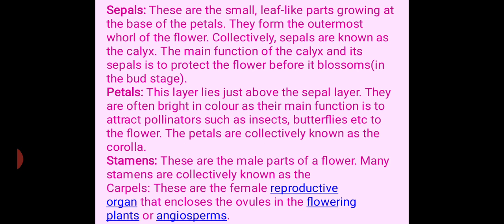The petals are collectively known as the corolla. Okay, children? That means petals' main function is to attract pollinators such as insects, butterflies, etc. to the flower. And what is the scientific name? Its scientific name is corolla.